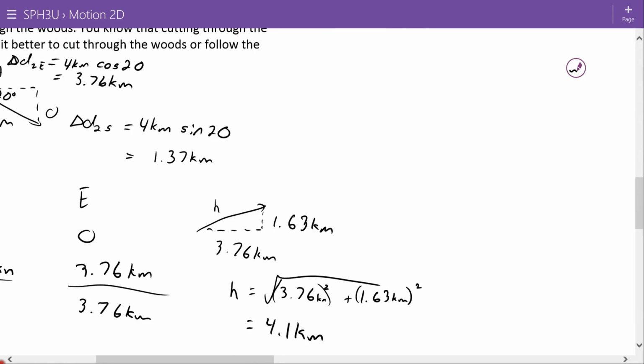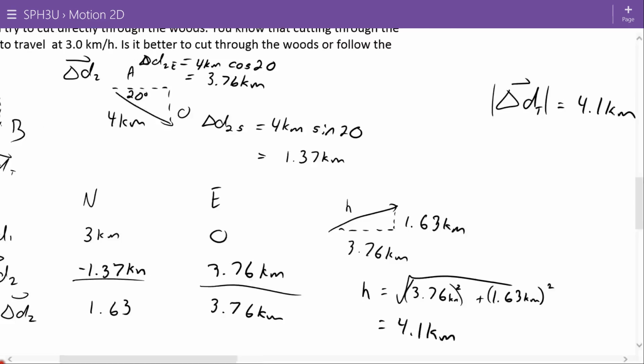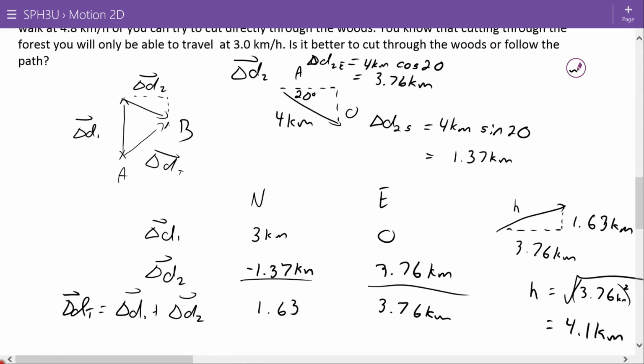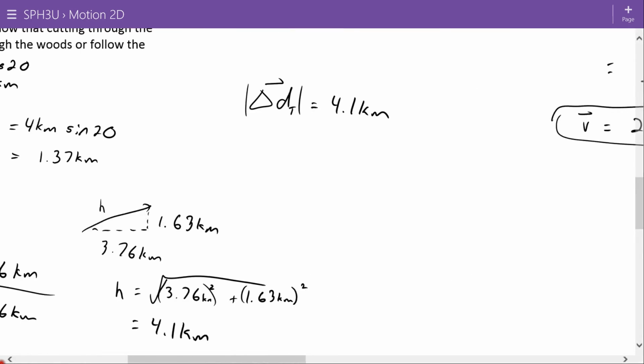So if you go directly, the magnitude of the displacement is 4.1 kilometers. I think we can see if you go the long way, if you go on the path 4 then 3, your distance traveled, no arrow here, is going to be 7 kilometers. 4 plus 3.